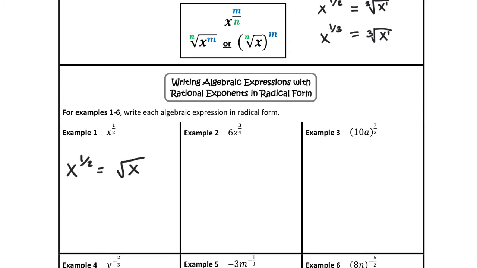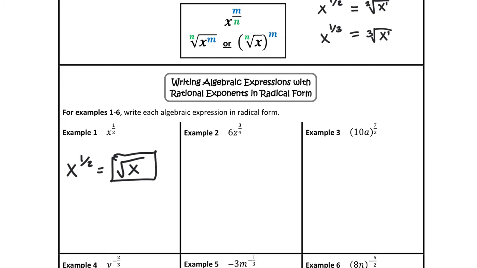Okay, and usually there's a 2 in front here, but we usually don't write it in when we're talking about square roots. If you just write the square root symbol, everybody kind of knows that it's already called the square root.